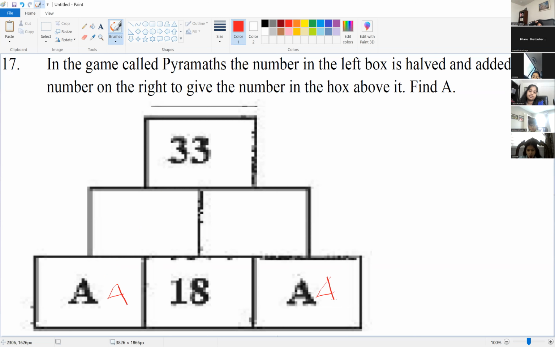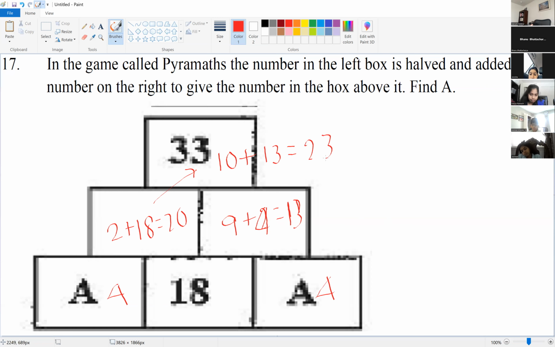So 4 and 4, so this would be 2 plus 18, which is 20, and this is 9 plus 4, which is 13, correct? Now do half of this number, which is 10, plus 13, which is 23. So that obviously is not correct. So let's go to the next number.